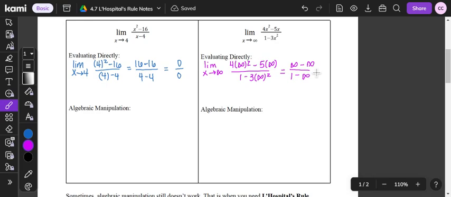Now you might be tempted, be very careful, you might be tempted here to say infinity minus infinity on the top, that should be 0. No, it is not. Not in this case. It sometimes is, but not here. Once again, if you remember from chapter 1, we talked about how some infinities are bigger than others.